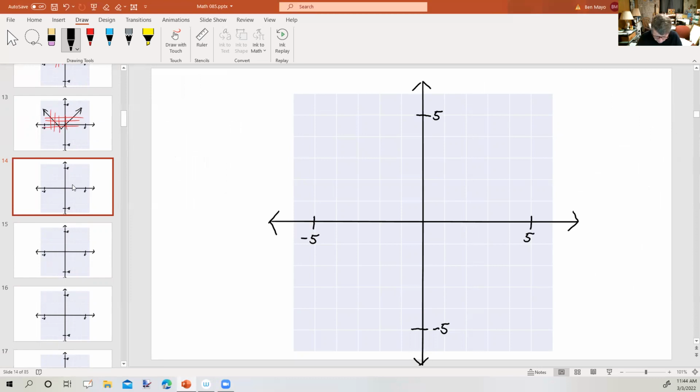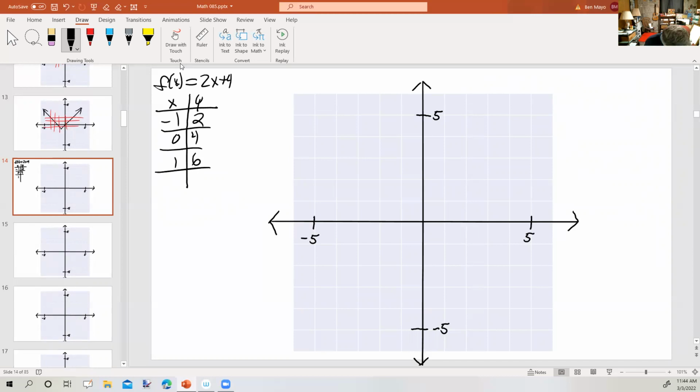So first of all, let's take f of x equals 2x plus 4, and I'm going to recopy the table values. I had -1, 2, 0, 4, 1, 6, and 2, 8.